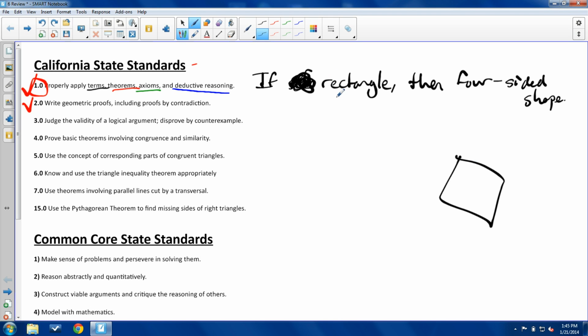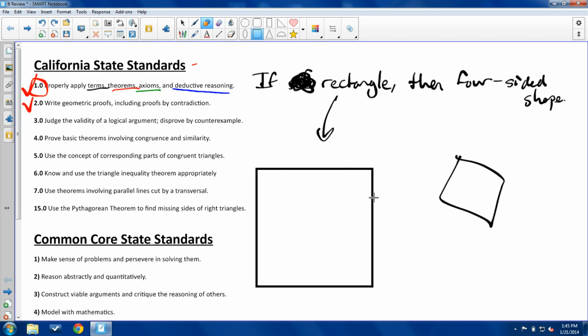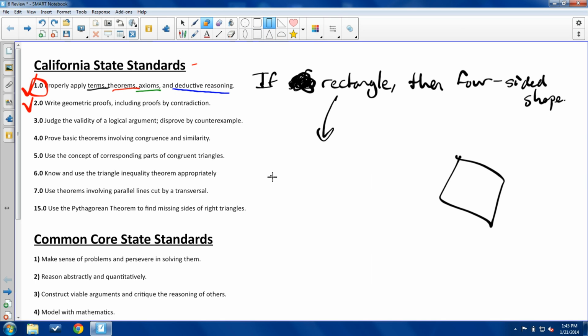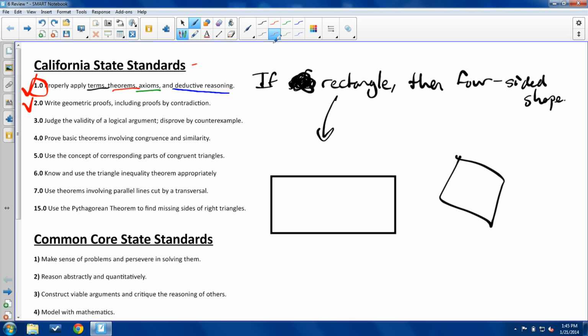Now a rectangle has specific properties, and you can start to list them as you do it. In fact, I'll give you a rectangle. I'll draw one out, and you can draw one out. Oh, that's a square. You can draw one out on your own and also do the same thing. You look at this and you say, well, what do I know about a rectangle? And that's kind of where you have to go with things. You don't have an answer listed anywhere as far as this problem, but you can access your notes and resources and figure things out. Well, a rectangle has right angles, all of them.